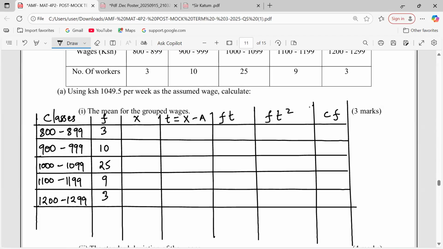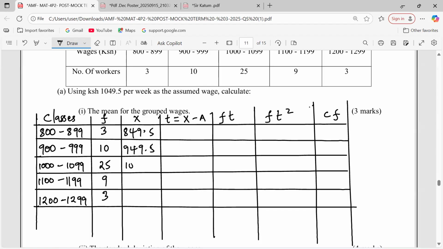Let's find the midpoint of every class. How do we get midpoints? We are supposed to take the limits, add and divide by 2. 800 plus 899 over 2 gives us 849.5. The next shall be 900 and 999 divided by 2. We get 949.5. The next shall be 1,000 plus 1099, and we divide by 2.